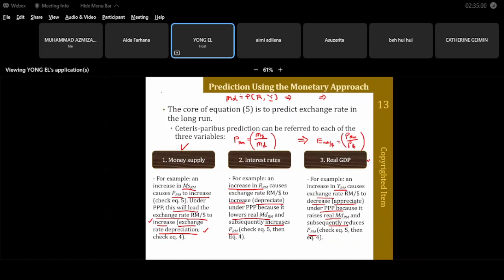Okay, let's say initially your income, maybe your salary, your wages per month is, let's say, 1,000, right? And you spend 10%.